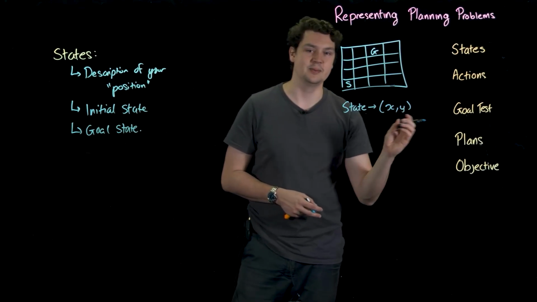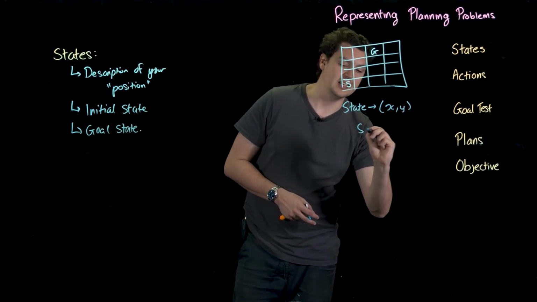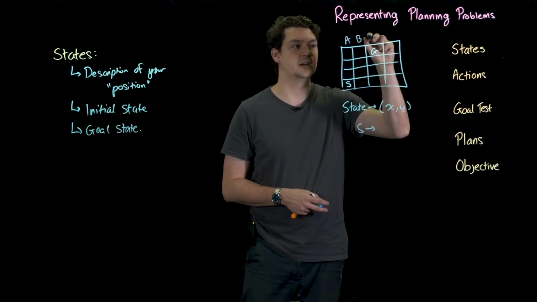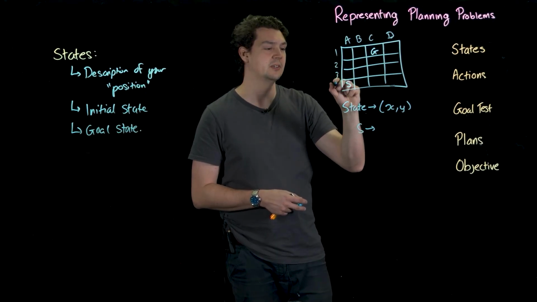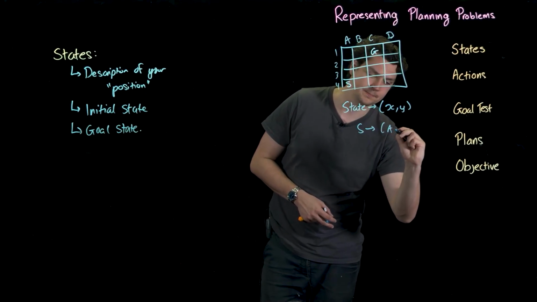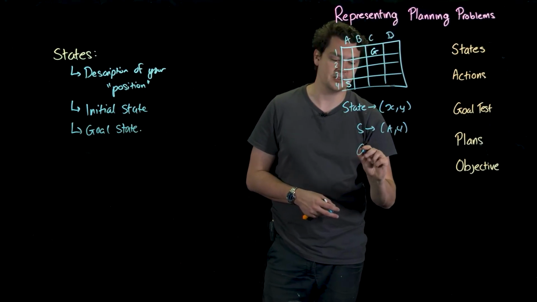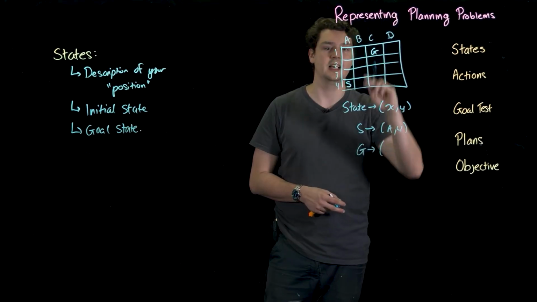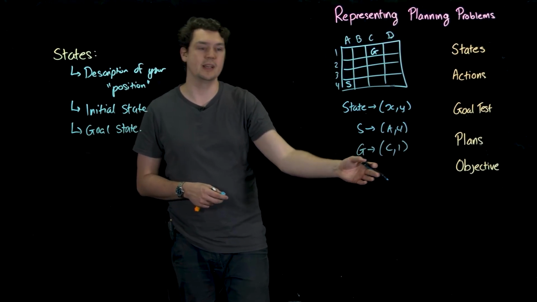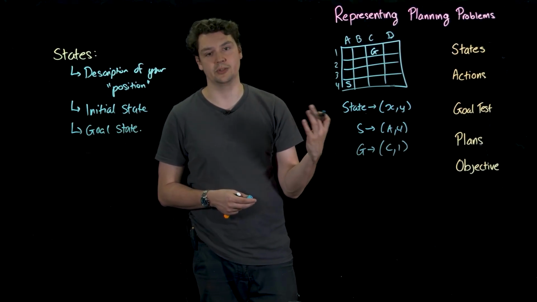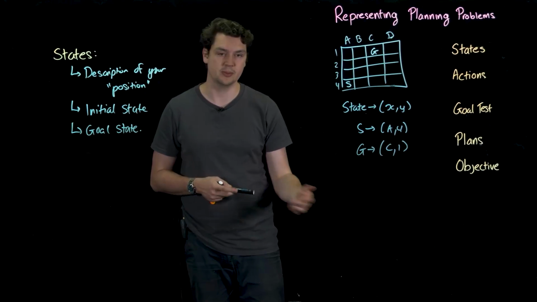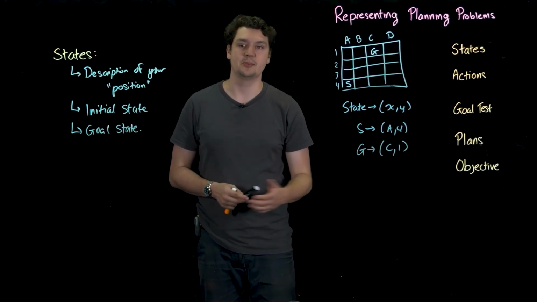If we give this a numbering system, 1, 2, 3, 4, the start location is at A4, right? And then the goal is similarly at C1. So it's a pretty distinct way to represent a state, where we are in the world. Of course, you can incorporate as much information as you need depending on the real world problem. This is just a very simple example.